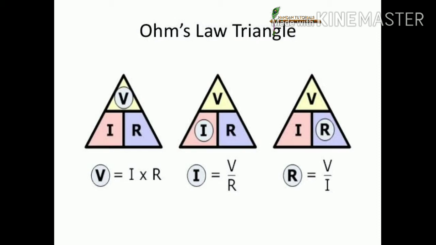To find resistance, we have to close R and V by I is the formula to find the resistance. These are the basic laws to find the voltage, current and resistance of a conductor. If we have any two values, we can find another value by using the Ohm's law.